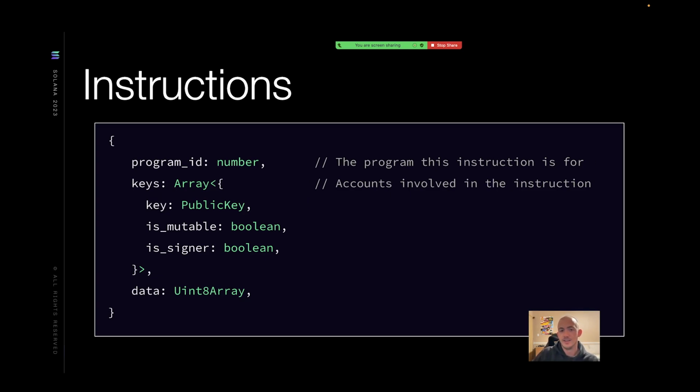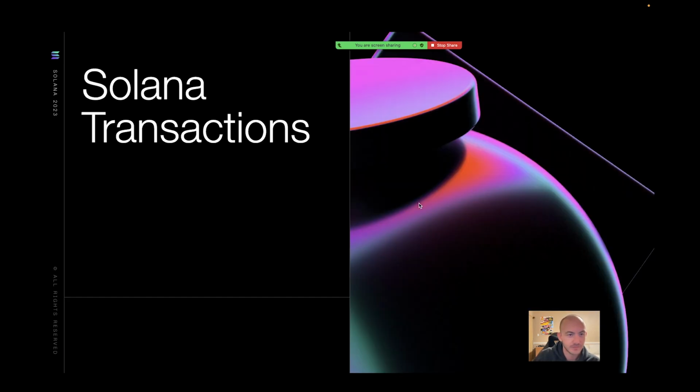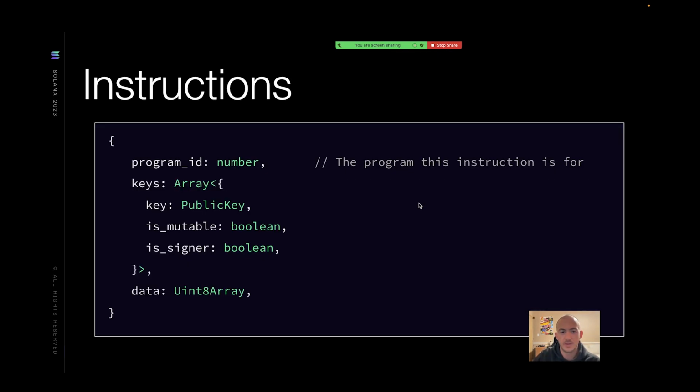Anyway, so now that you can see that, what I was basically saying here is I'll walk back just a step or two. So the program ID from the instruction, that's going to be the program that this instruction is actually for. So like if this instruction was telling your program to do something, this is going to be your program's address. And then the accounts involved in the instruction, this is just a list.